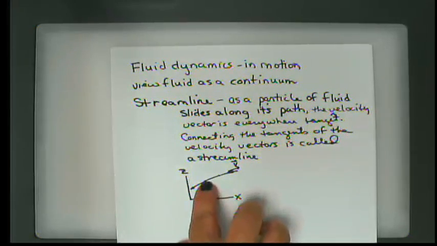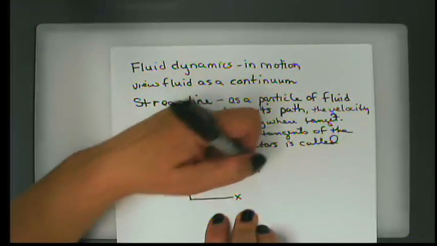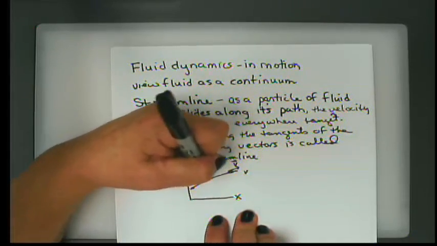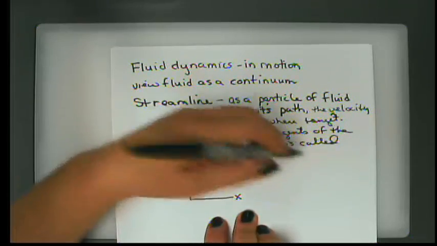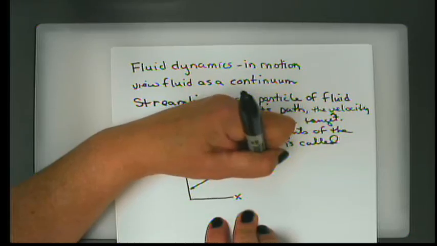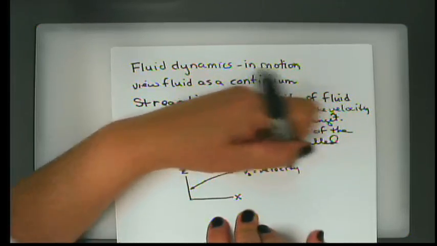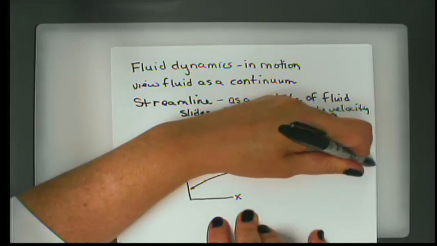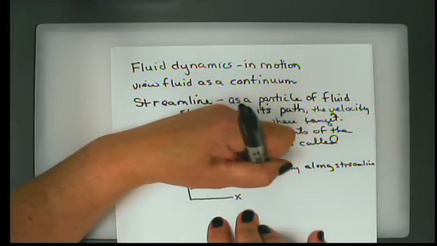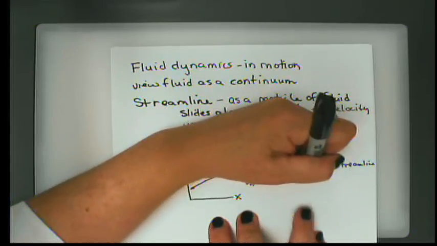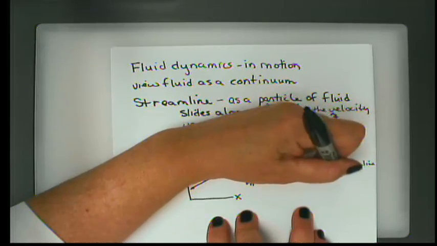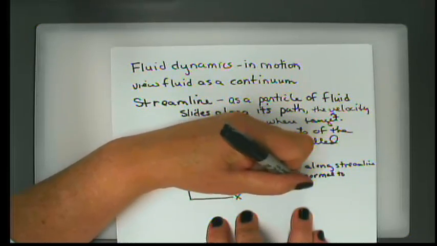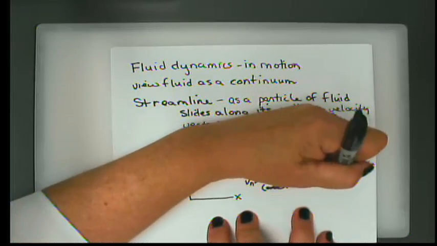This is a streamline, and that direction is called s. We have v sub s, which is the velocity along the streamline, and we also have v sub n, which is the velocity normal or perpendicular to the streamline, or we could say across streamlines.